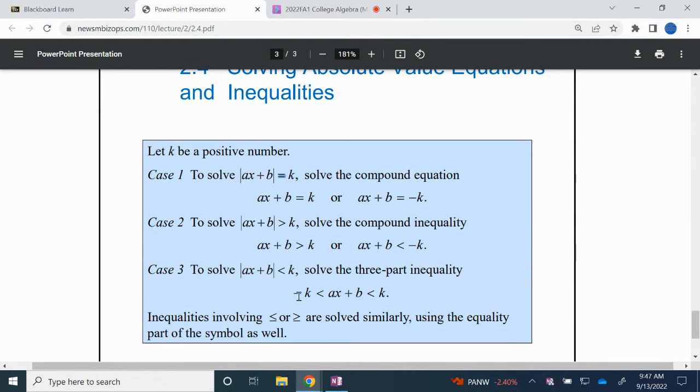And we would rewrite our absolute value less than inequality as negative k, so notice they take k and k is made negative, is less than ax plus b, so the absolute value bars are dropped, is less than k. So we take this absolute value less than inequality and we set it up as a three-part inequality. All right, so let's take a look at some examples.